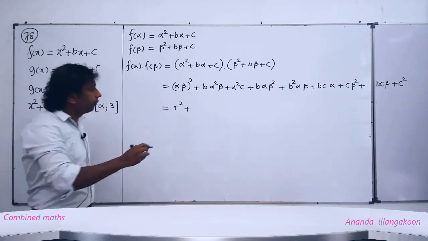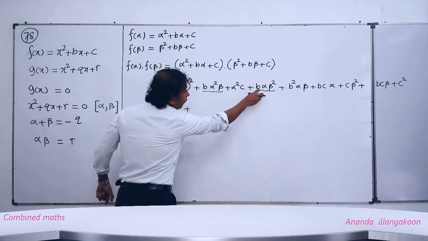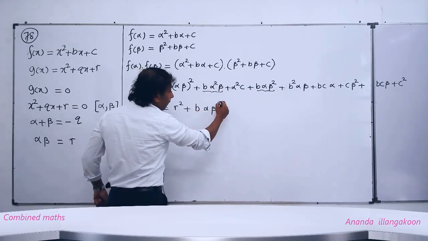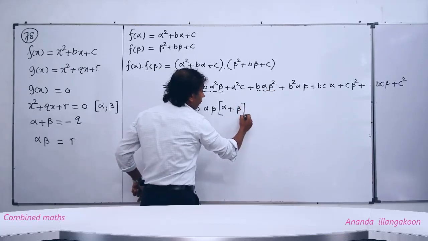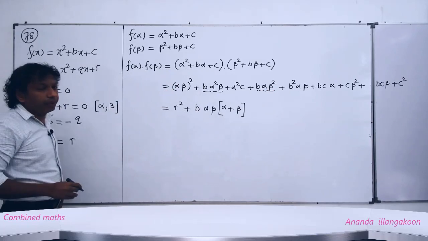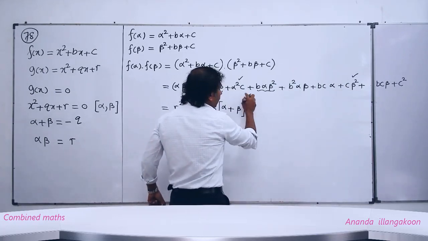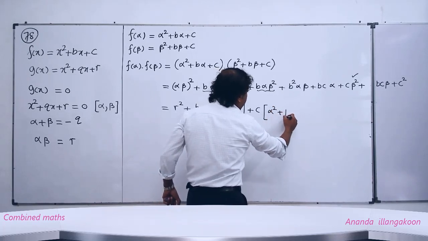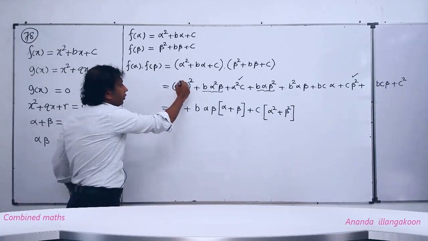Here, b is common and alpha beta is common, so we take out b alpha beta, and here we have alpha plus beta. And from these terms, we can take c out, times alpha squared plus beta squared. This we substituted.